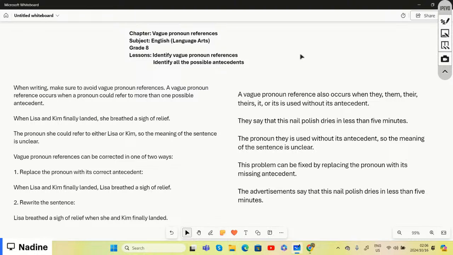All right, so when writing, you need to make sure to avoid vague pronoun references.